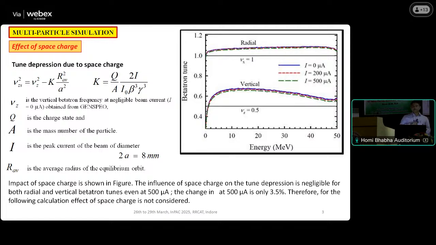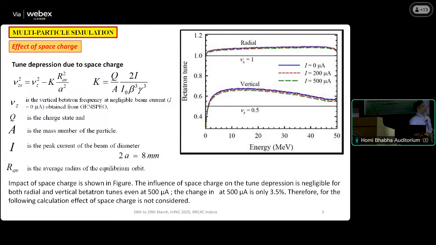After identifying that static equilibrium orbit, from that orbit we calculated the radial and vertical betatron tunes. This blue line, for I equal to 0 microampere, is what we calculated for the static equilibrium orbit. Then we estimated how much effect there is from space charge.